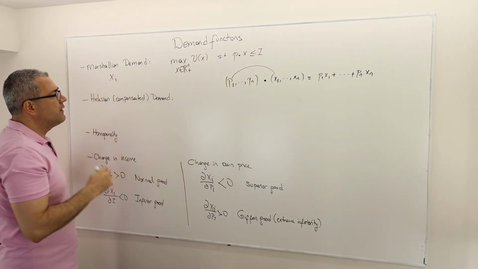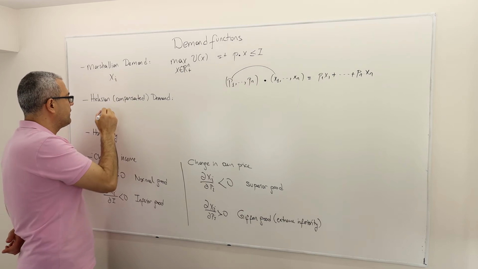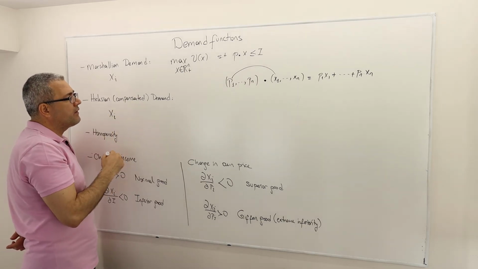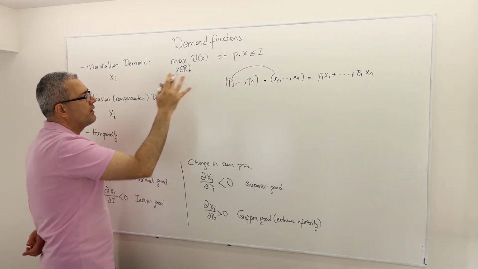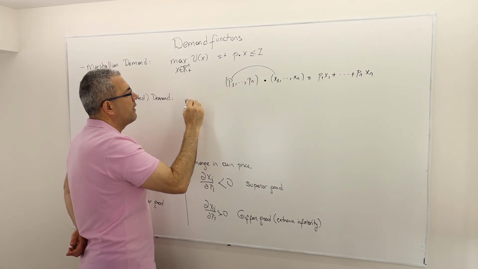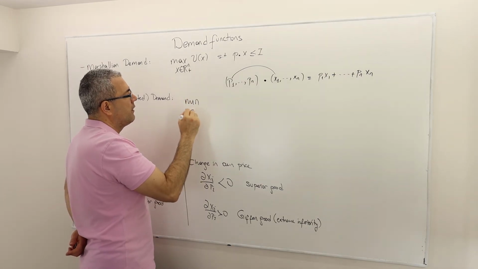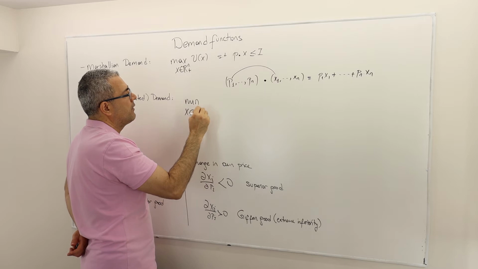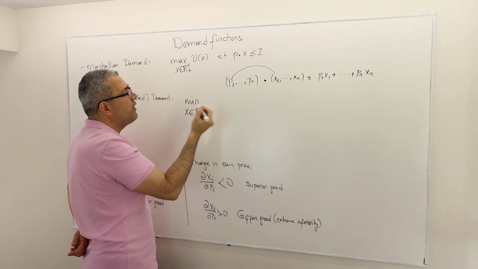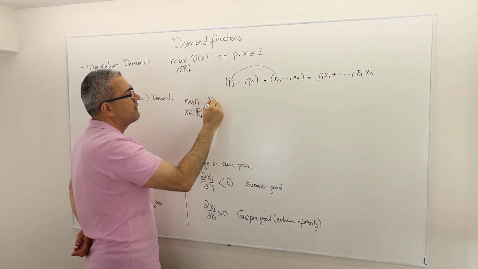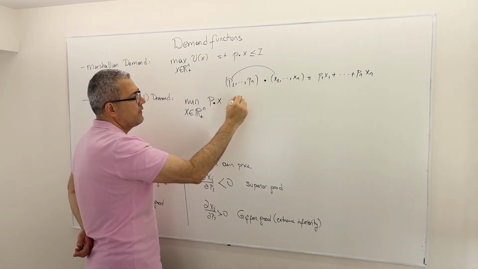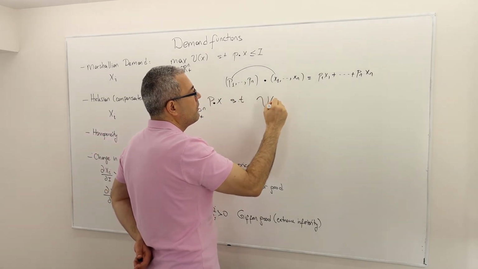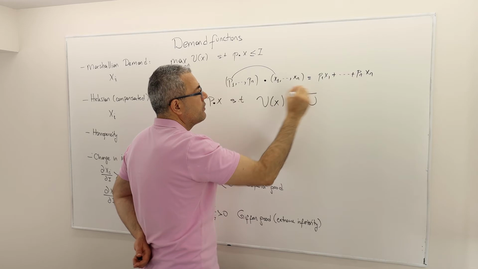Well, what about the Hicksian demand curve? How do we get xi? Well, the xi is again coming from this vector, but this time we minimize by choosing x from R^n_+. What do we minimize? P dot x, subject to utility of x greater than or equal to u bar.